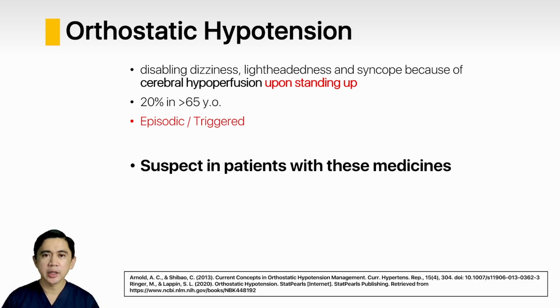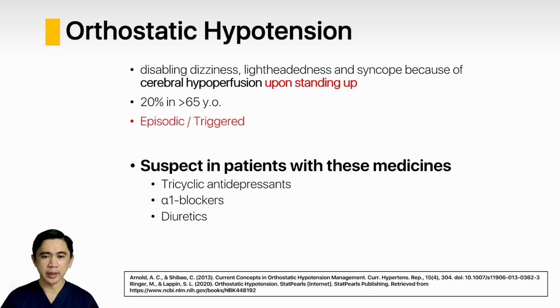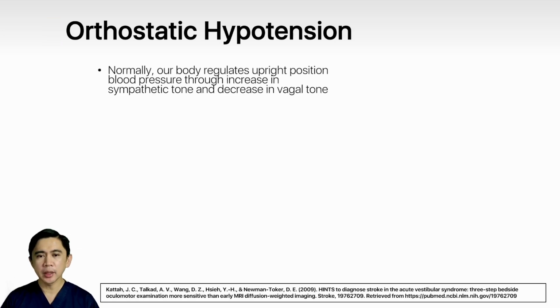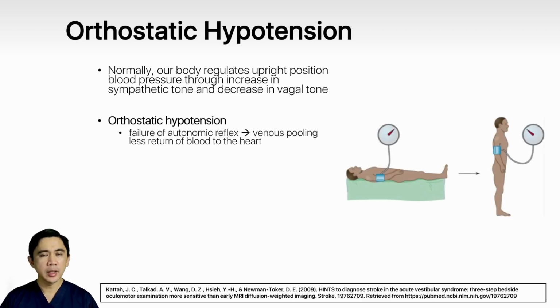Suspect orthostatic hypotension in patients taking these medications: tricyclic antidepressants, alpha-1 blockers, and diuretics. Normally our body regulates upright blood pressure through an increase in sympathetic tone and a decrease in vagal tone. In orthostatic hypotension, on the other hand, there is a failure of the autonomic reflex, leading to venous pooling and less return of blood to the heart.